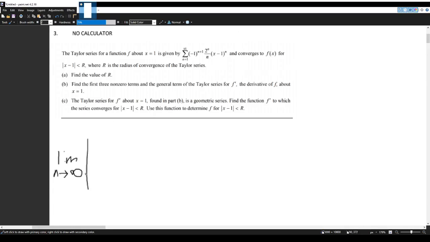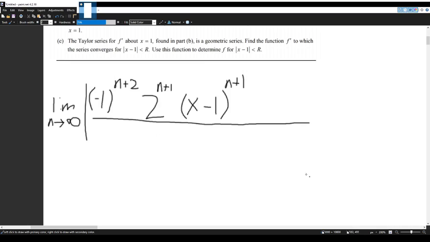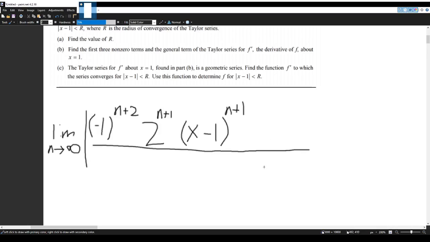I'm going to replace all the n's with n plus 1 and put that in the numerator. So we'll go negative 1 to the n plus 1 plus 1, of course, n plus 2, and then 2 to the n plus 1, and then x minus 1 to the n plus 1, and then we will divide this by n plus 1.